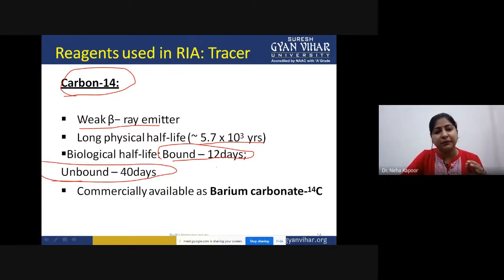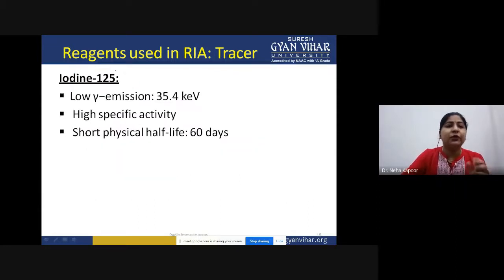It is commercially available in the form of a compound known as barium carbonate. Next is iodine 125. It is a gamma ray emitter. It produces a very low gamma emission, but it has a very high specific activity, and its physical life is very short.